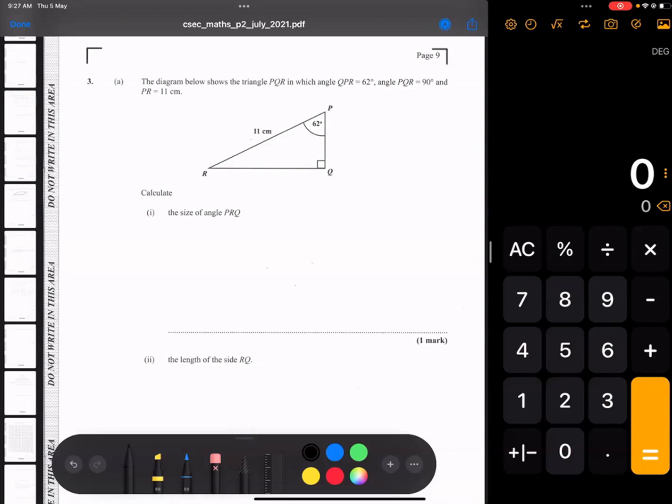So all we need to do is subtract the angles that we know from 180, and the remainder would give us the missing angle.